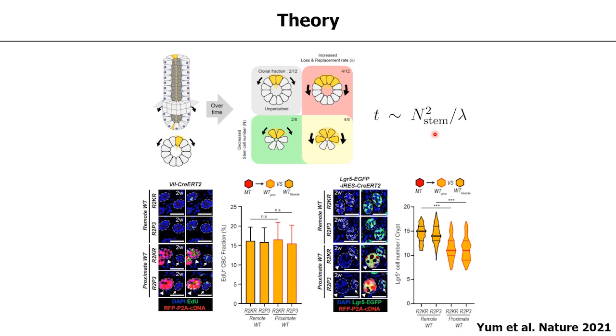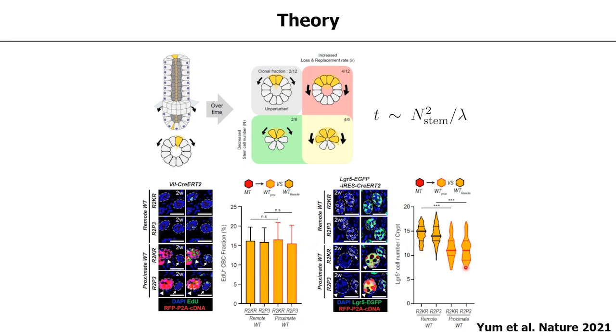the R2 onco models. So when we check the yellow clones with the proliferation markers, we found that the yellow clones that are away from the mutant, or close to the mutant, have a very similar rate of proliferation. So there was no difference in this case.